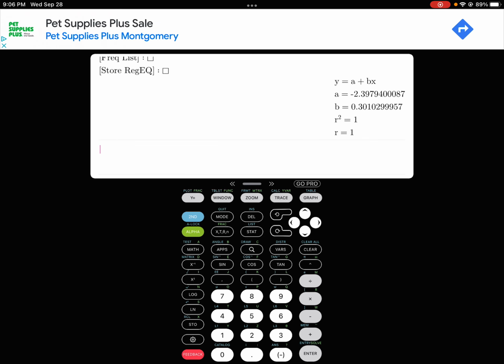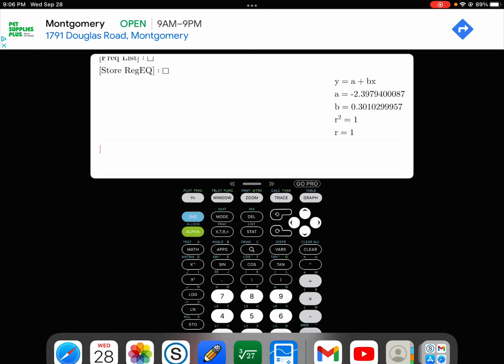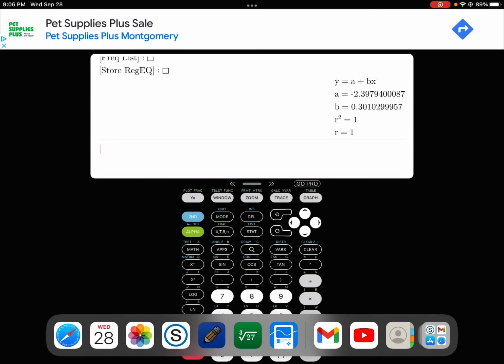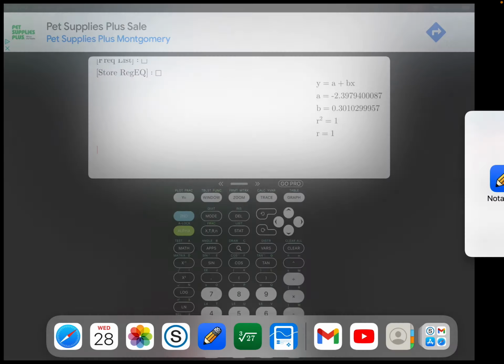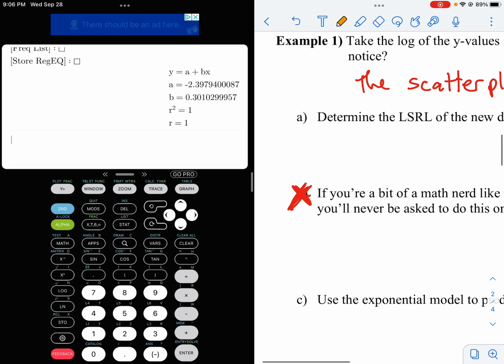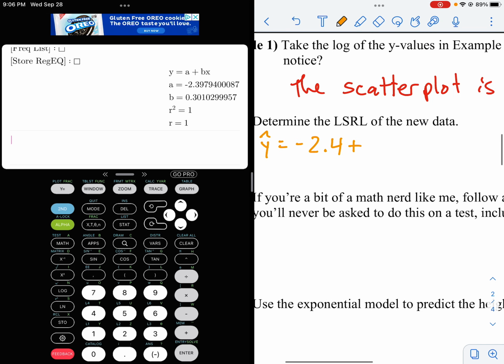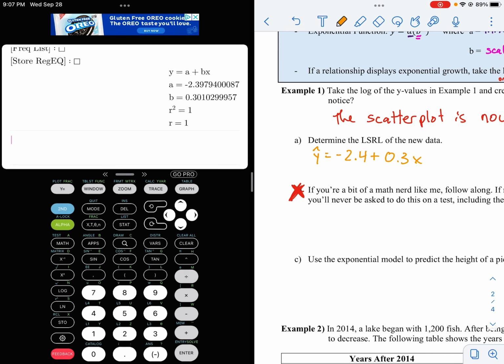And if we look, that correlation is now perfect. Okay, but I've got y equals a plus bx. Y hat equals negative 2.4 plus 0.3x.